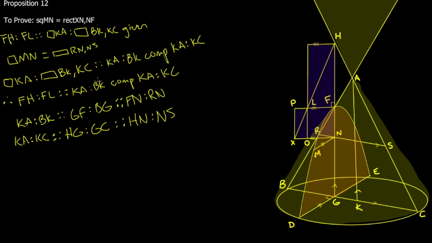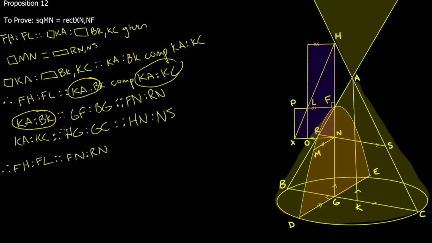Okay, so now let's substitute. We've got KA to BK, KA to BK. We've got KA to KC, KA to KC. First, let's bring down FH to FL. Let's substitute KA to BK for FN to RN. And let's substitute KA to KC for HN to NS.